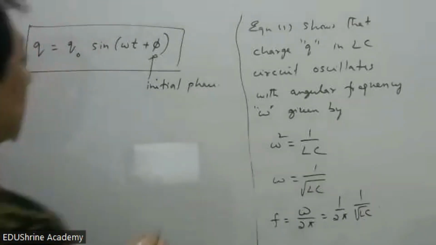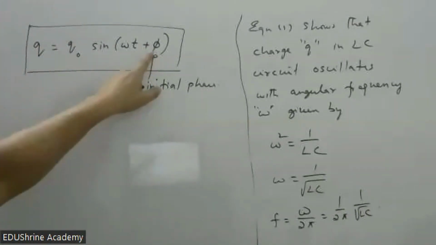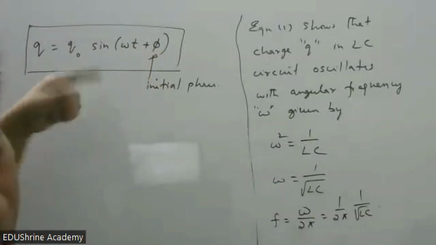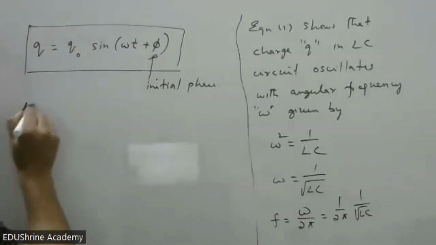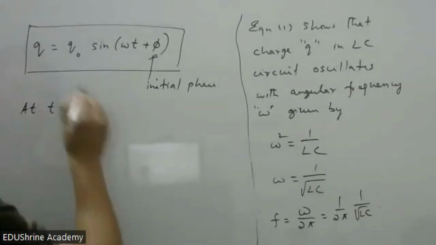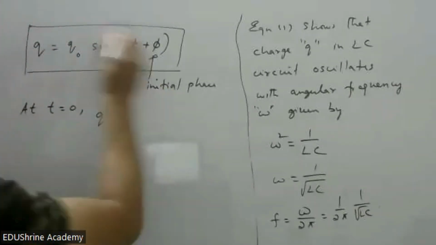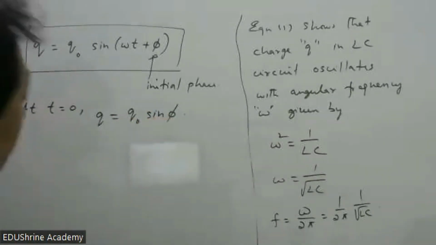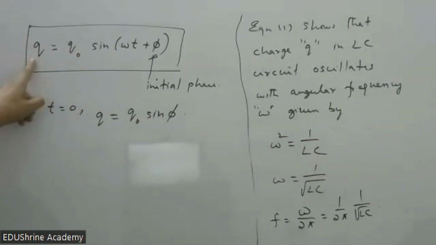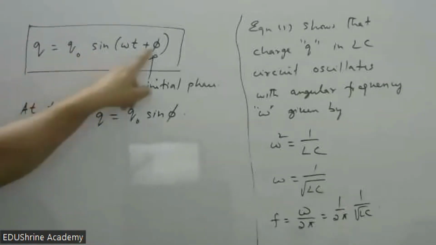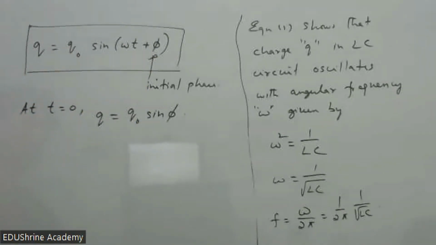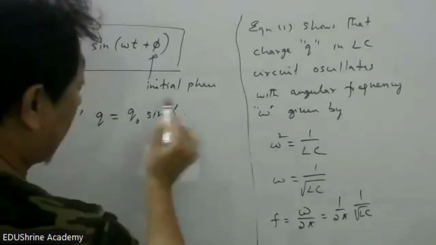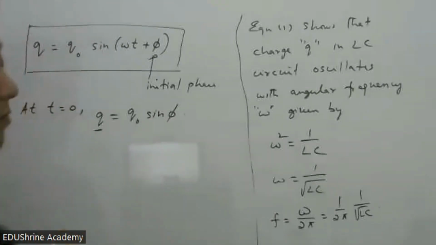But basically, this phi tells you what was the value of Q at time 0. For example, at time 0, if somebody asks what is Q in this formula, what will happen? Q naught sine phi. Yes or no? Check once. If t is 0, what will be Q? Q naught sine phi. Agree or not, students? So the value of sine phi will decide what is the charge at time 0.